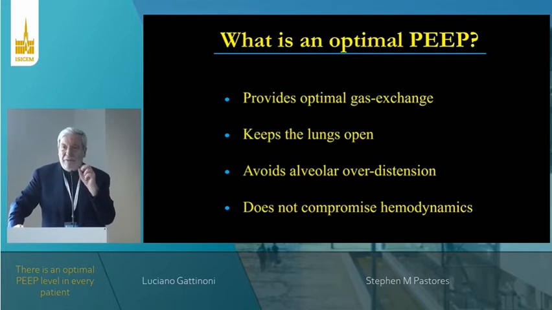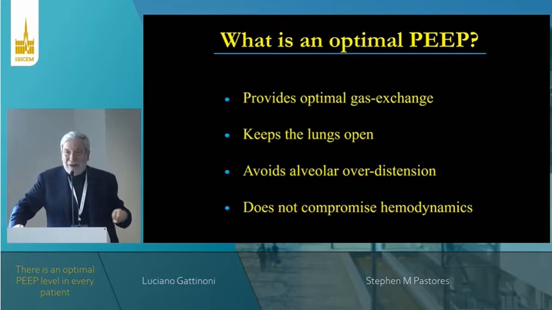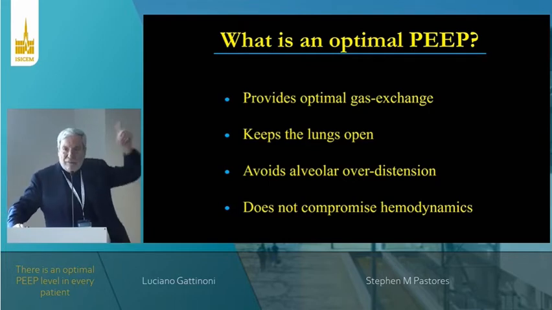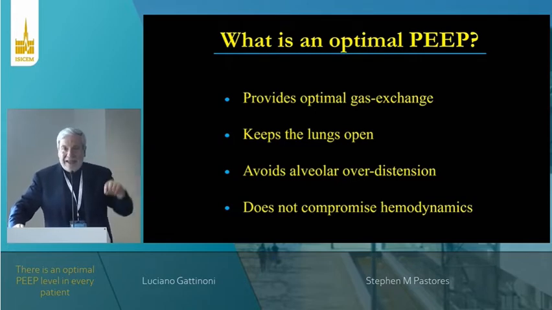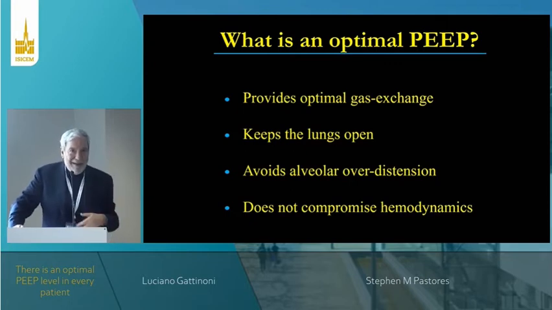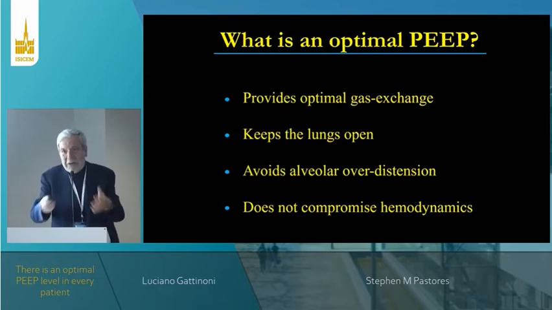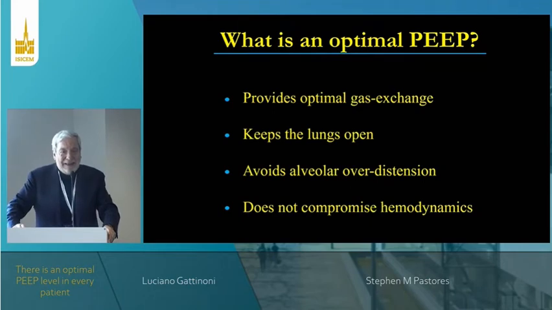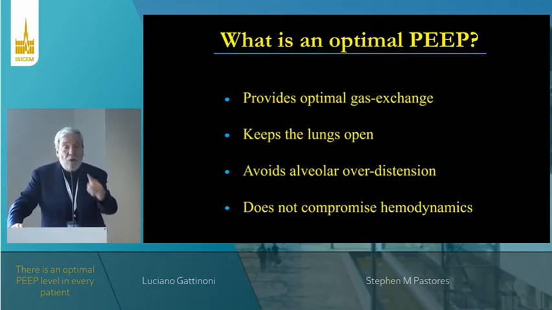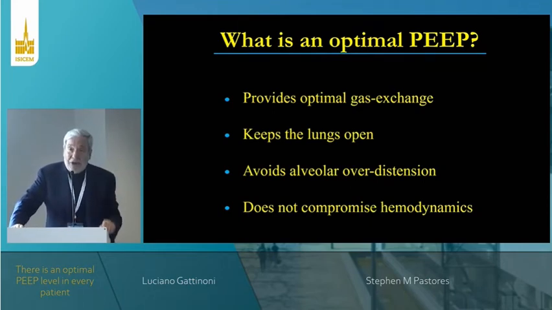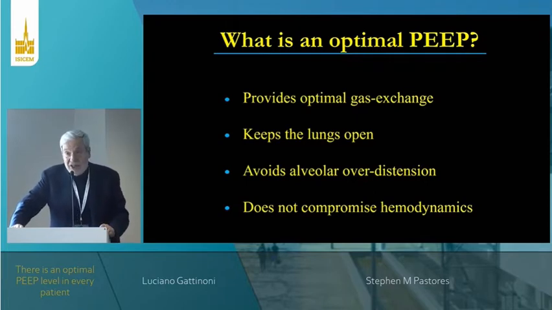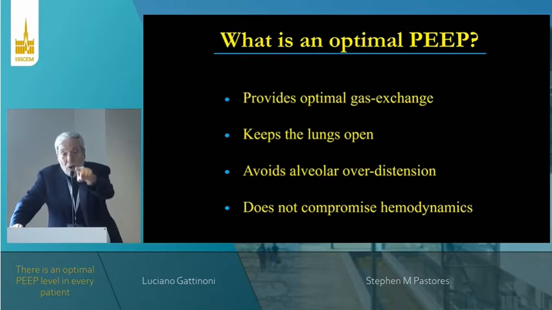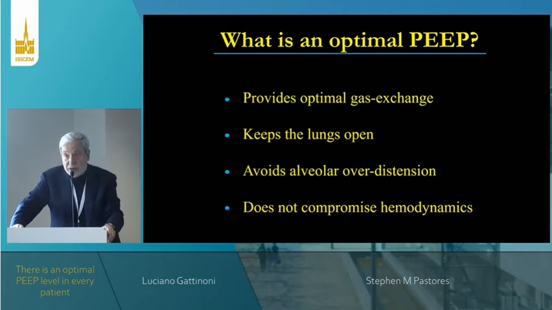You have to not compromise the hemodynamics, because I think that Marcelo presented a beautiful slide showing that the transpulmonary pressure is plus 2, which is exactly what a normal man has at end of expiration, not a bad thing. But if you want to use the positive intrathoracic pressure, which is PEEP, we are not built to have positive pressure in the thorax. So all these are just impossible.